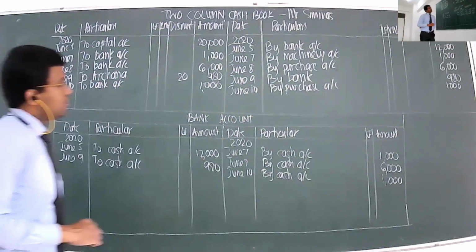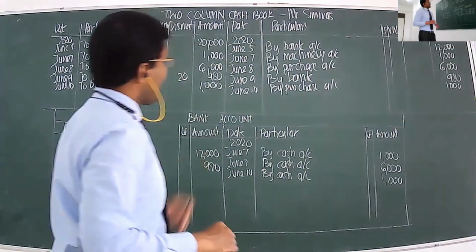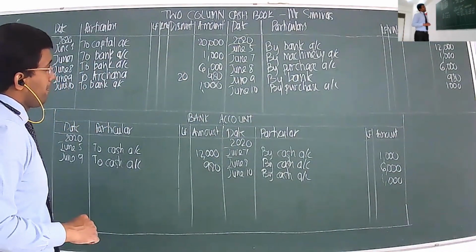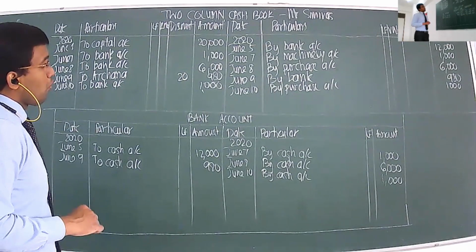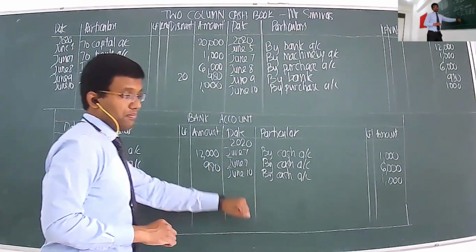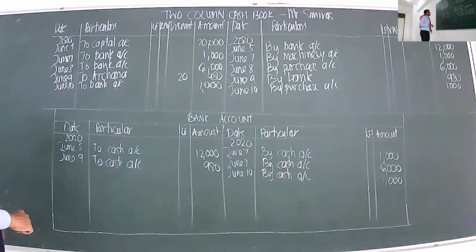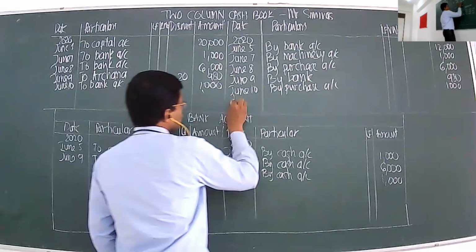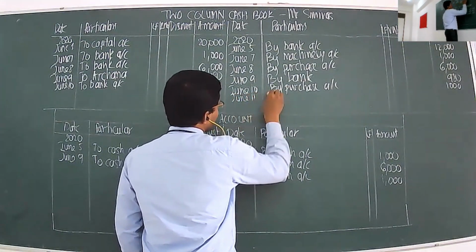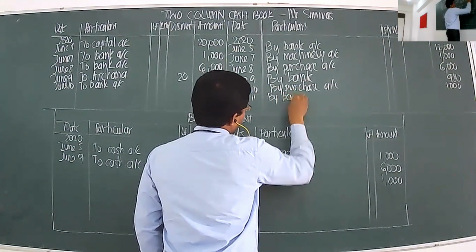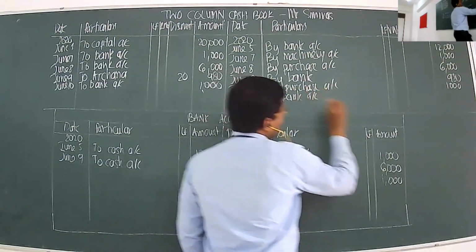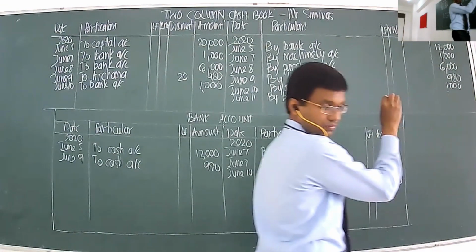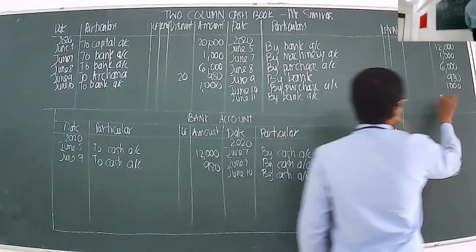June 11th, okay, paid into bank. So what does that mean? You're taking cash from your business and then you're going to the bank and then you're depositing. So June 11th by bank account, amount is 10,000.